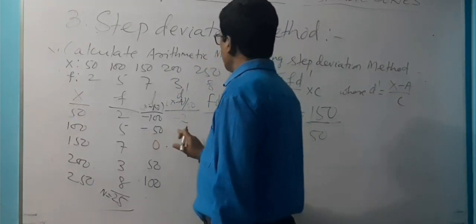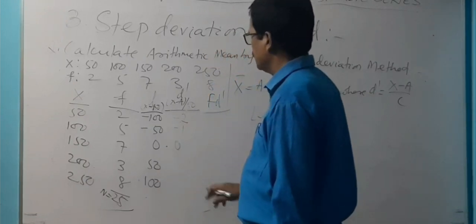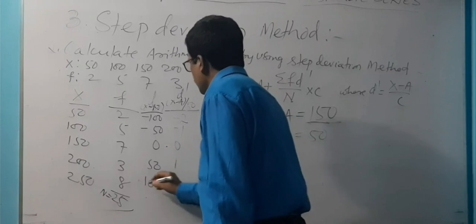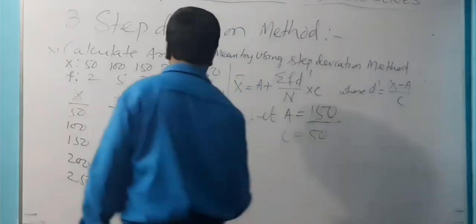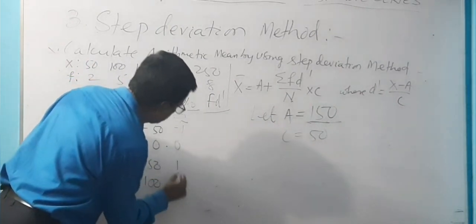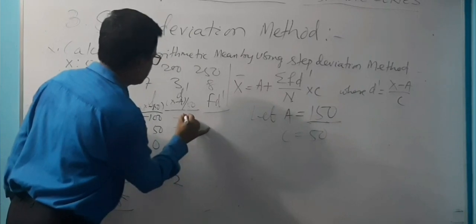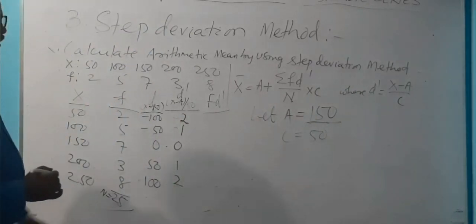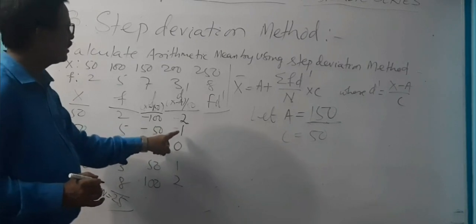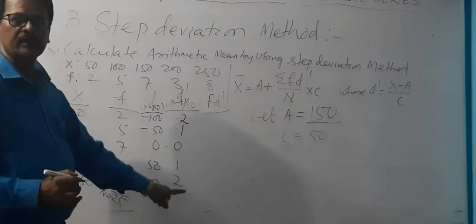Minus 50 by 50 is equal to minus 1. 0 by 50 is 0. 50 by 50 is equal to 1. 100 by 50 is equal to 2. So d dash is minus 2, minus 1, 0, 1, 2.